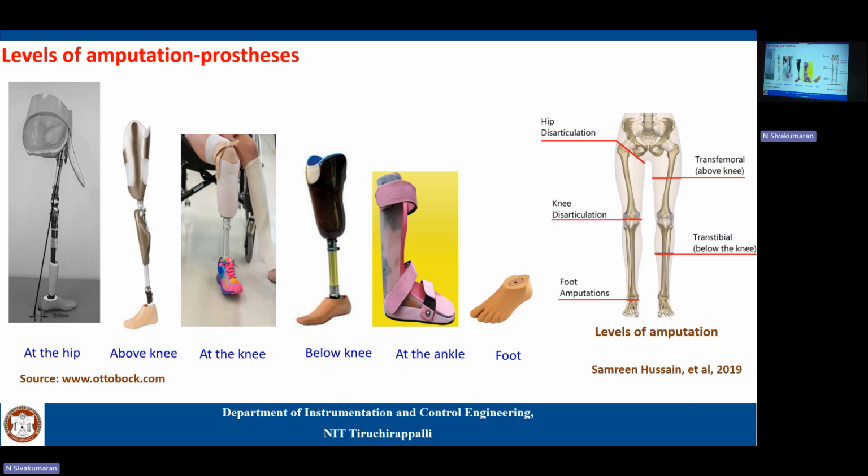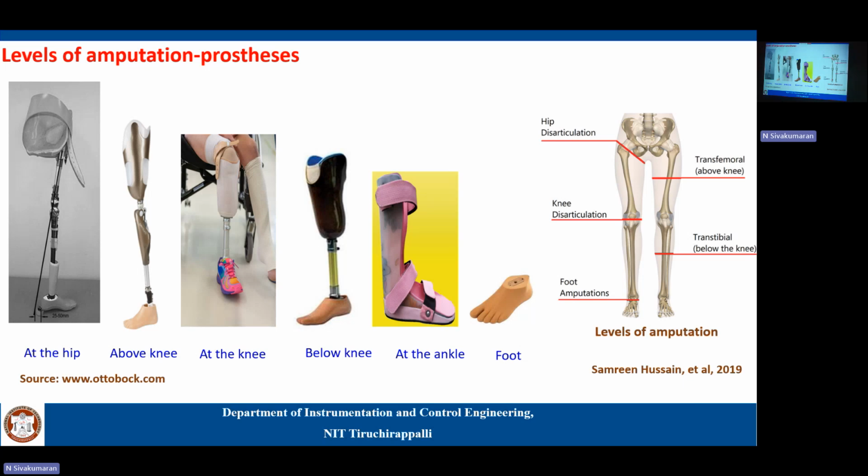Above knee means the amputation is above the knee. Then there are amputations at the knee, below knee, at the ankle, and at the foot.